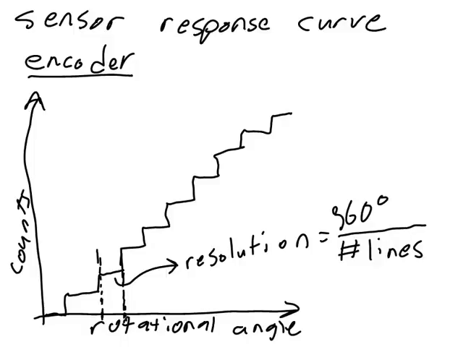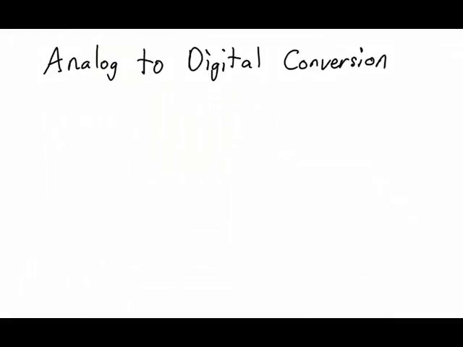We're going to look at this concept again when we look at the operation of analog to digital conversion. When we capture an analog value from an analog sensor, we need to convert that value to a digital value in order to store it in our controller and to use the value in calculations.